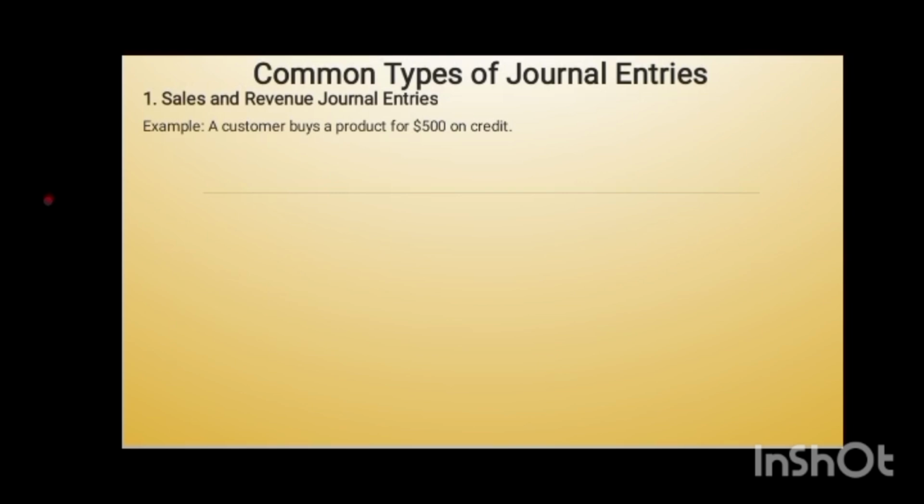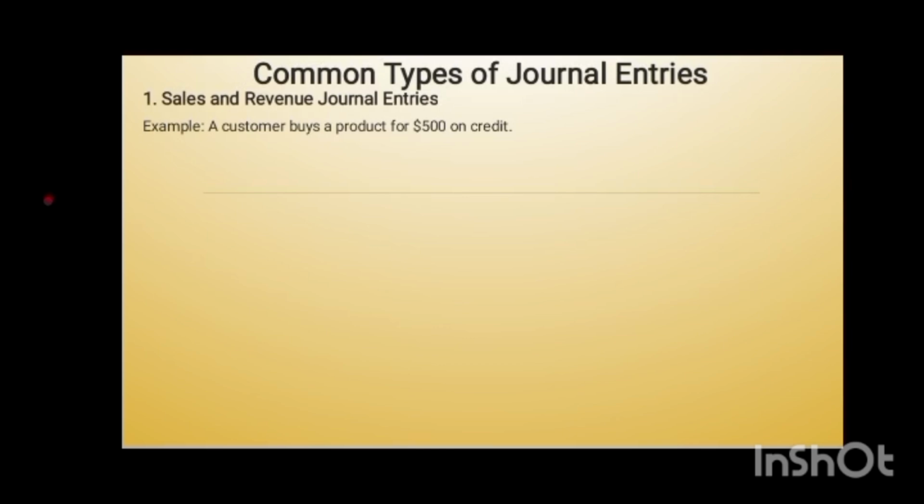For example, a customer buys a product for $500 on credit. Here we have a transaction of purchasing. The customer has bought the product from us for $500, but that is actually our sale, because the customer is buying from us.